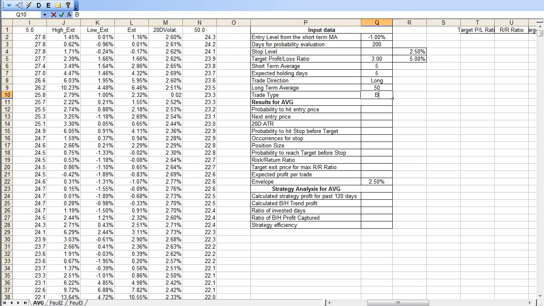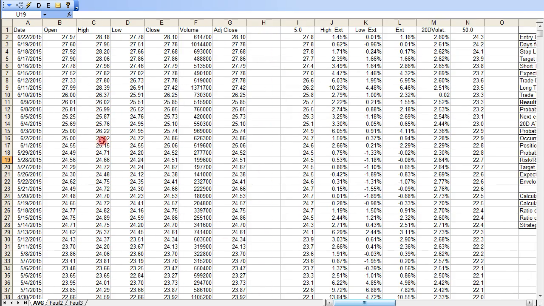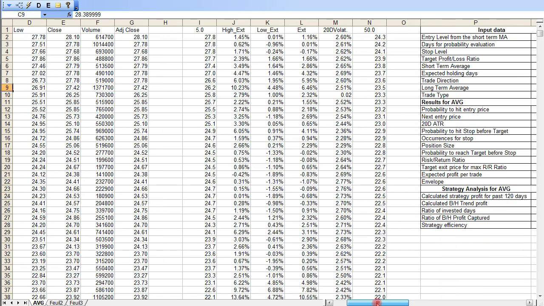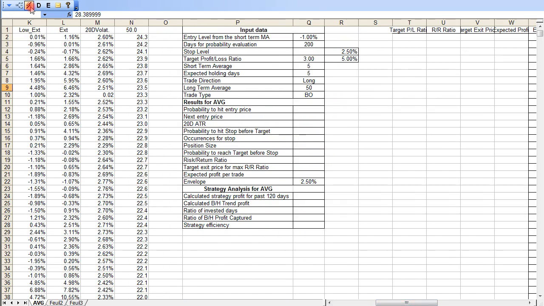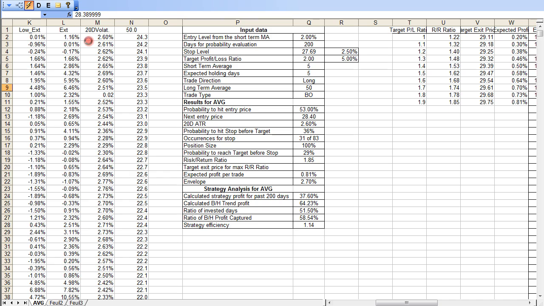It's a breakout. I will just calculate a breakout for the last 200 days, and the price of the breakout will be higher than 28.39, which is the highest price of the past days. So 28.40, let's say. So let's calculate 28.4 as a breakout price.